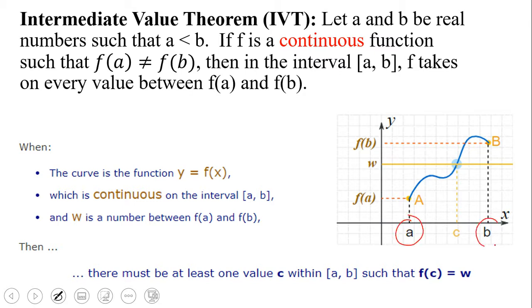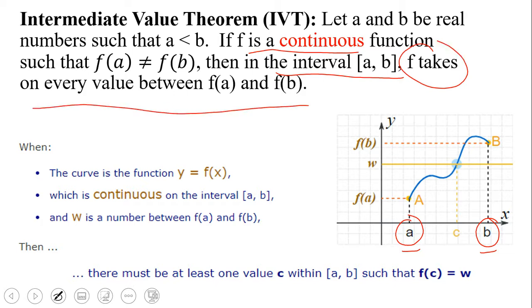If a and b are real numbers such that a is less than b, we can see that because a is to the left of b, so long as f is a continuous function such that f of a does not equal f of b, which basically means that the y values at these two x's cannot be equal, then what the IVT tells us is that in the interval a to b, so between a and b, the function has to take on every y value between f of a and f of b.